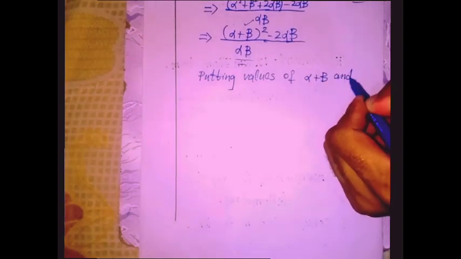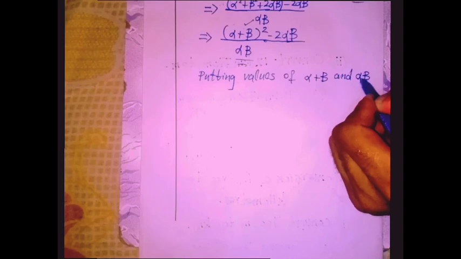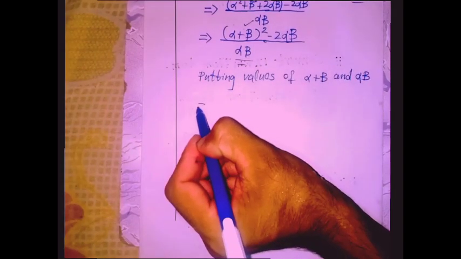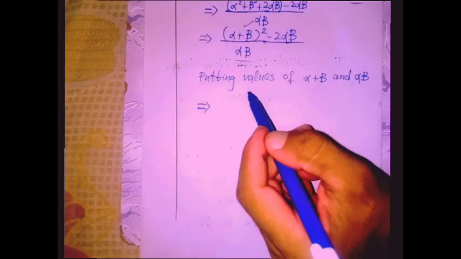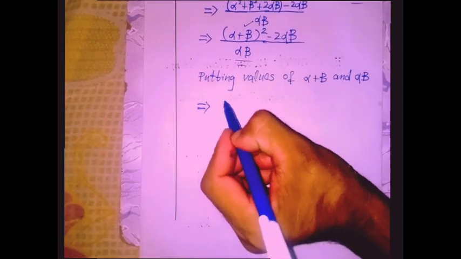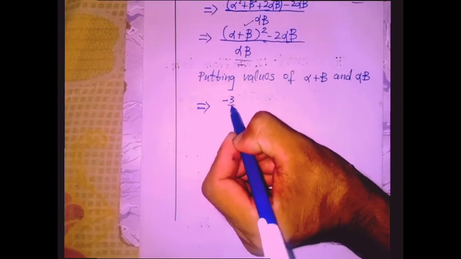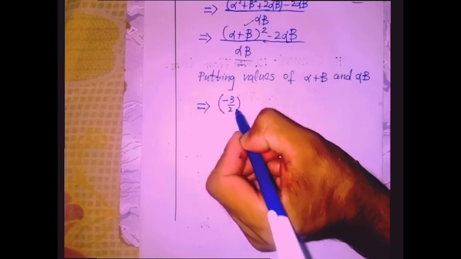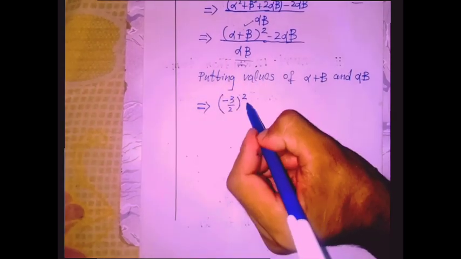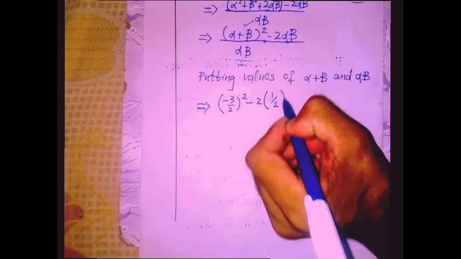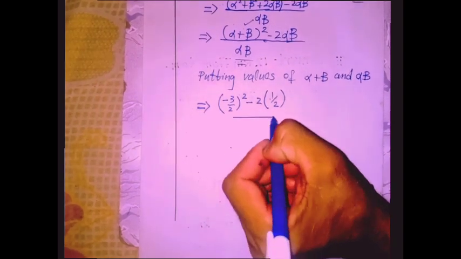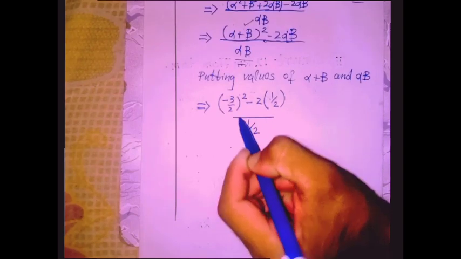We know that alpha plus beta is equal to minus 3 divided by 2, and alpha beta is 1 over 2. So we put the values.